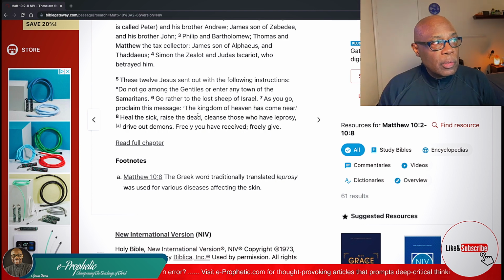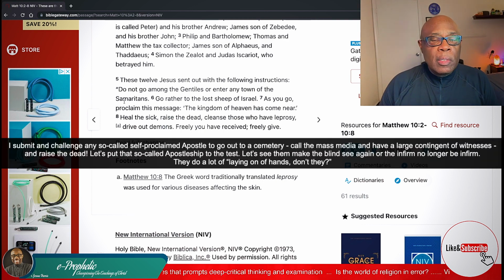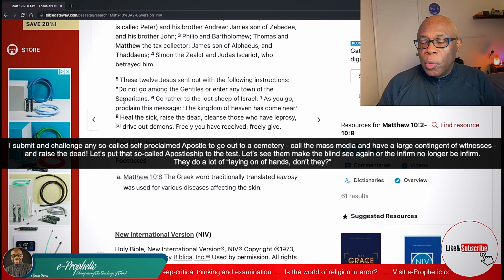Now, look at this closely. Are these so-called self-proclaimed apostles today, are they raising the dead? See? And you have those who claim that they're making the blind see and those who have certain infirmities, such as they can't walk or they're missing a limb or something? Are they restoring limbs whole?